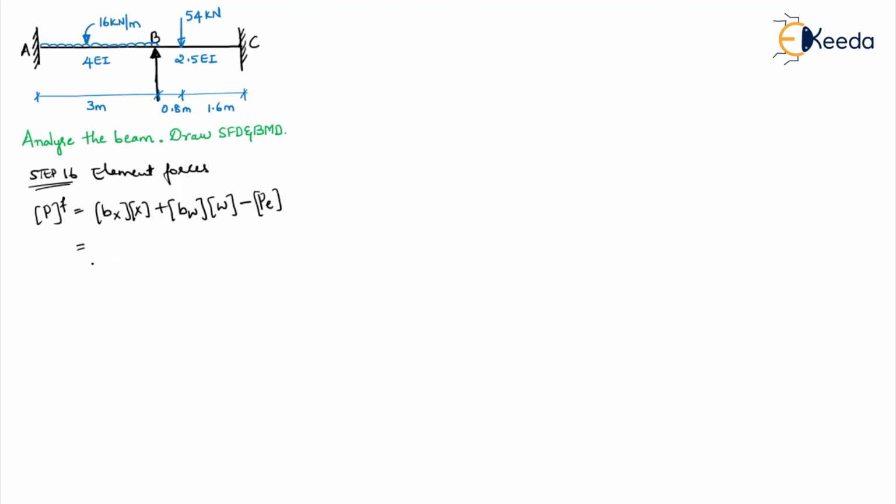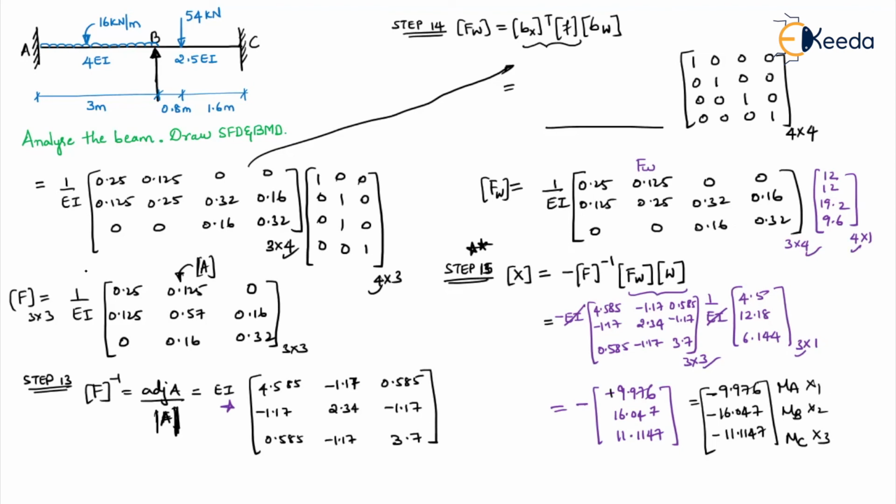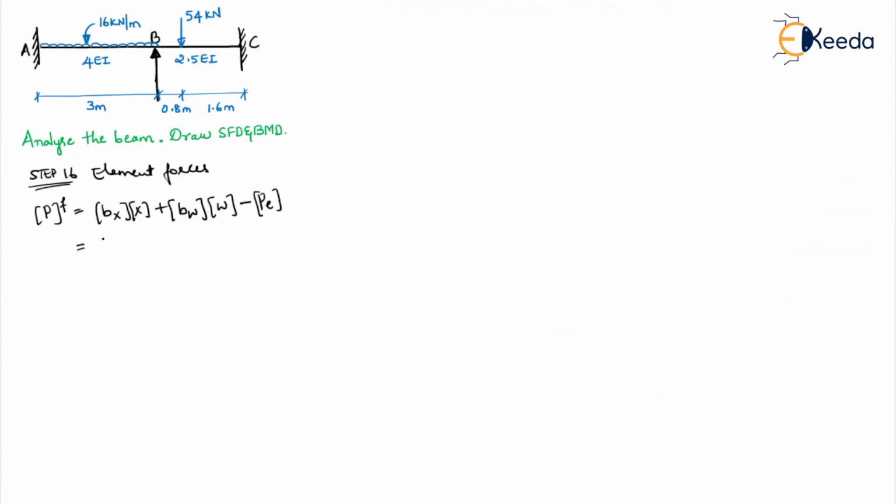So what's your Bx? It is the matrix with 1 and 0 entries into your x, whatever you have got now, minus 9.976, minus 16.047, and minus 11.1147.